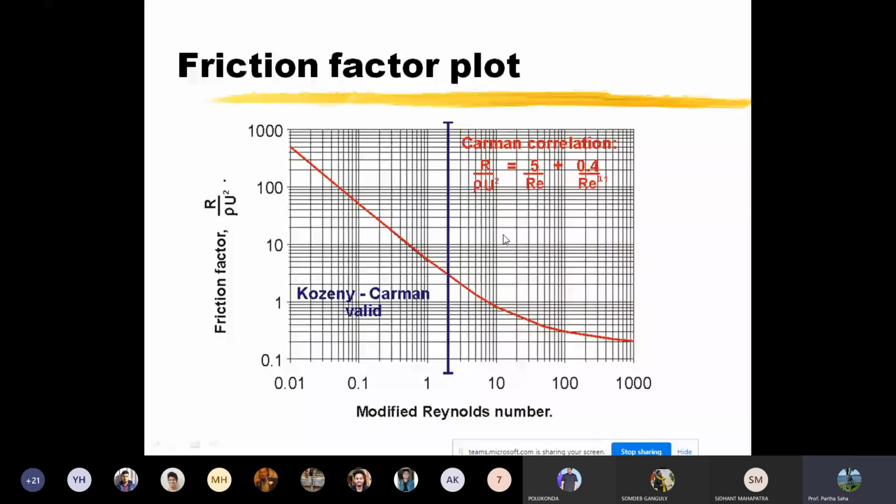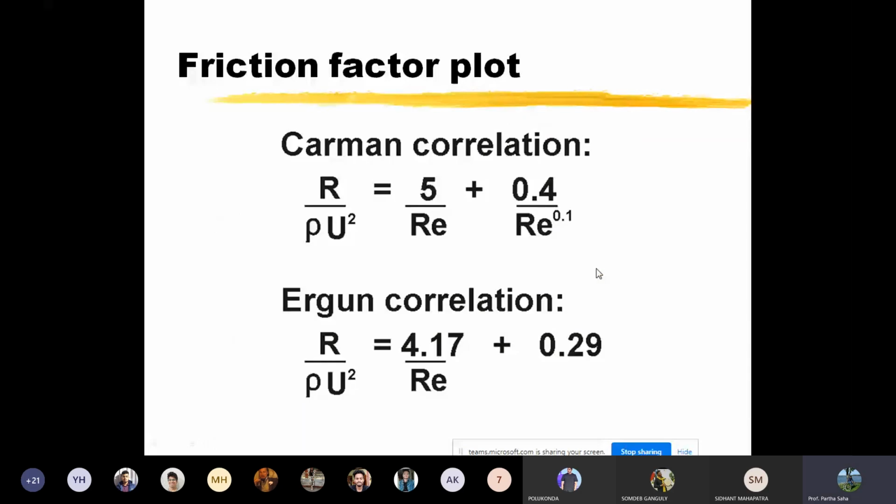Okay, though the equation is given here, this is actually the Carman relationship. So these two factors are very important, and I think you must remember this expression, because this will be very useful for solving numericals, which I have already discussed previously.